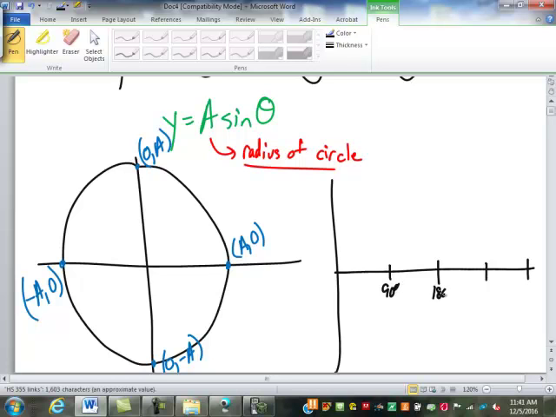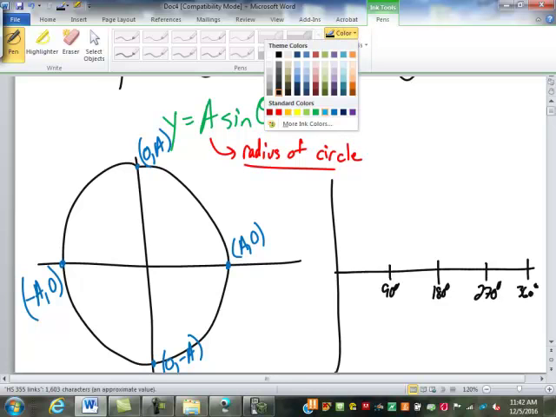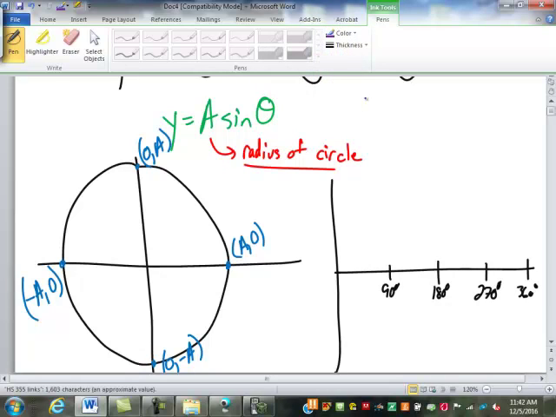the 90, 180, 270, and 360. Instead of going up to 1 and down to negative 1, this goes up to a and down to negative a. And at 0 degrees, if we're talking about the sine, remember sine is the height above or below the x-axis.